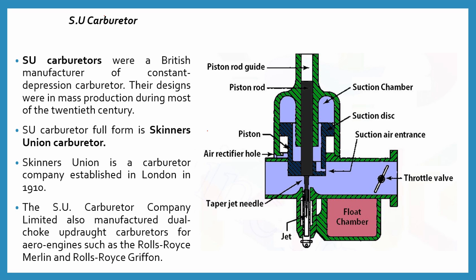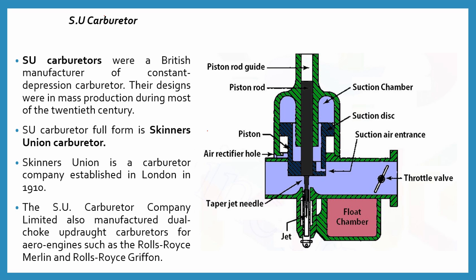SU basically stands for Skinner's Union carburetor. The Skinner's Union carburetor is basically known as the SU carburetor. The SU, Skinner's Union, is a carburetor company which was established in London in the year 1910.